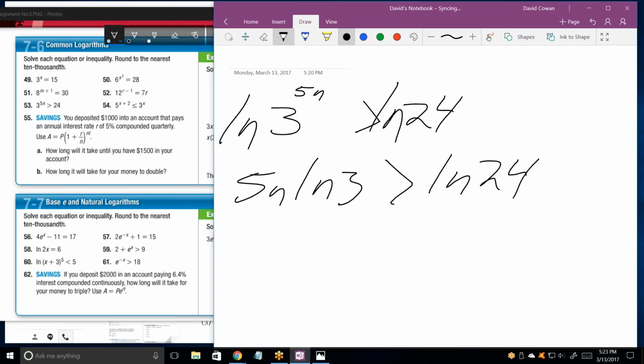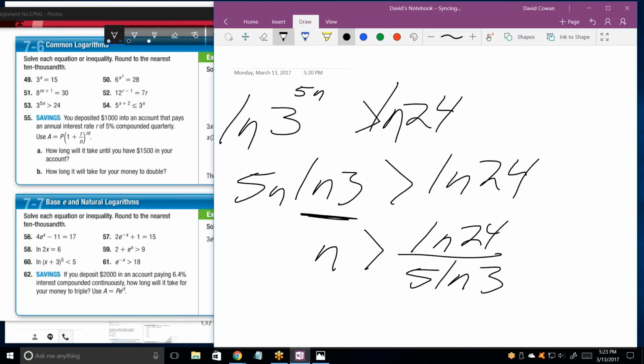Now I know that that is a positive number, so I'm able to divide both sides by 5 natural log of 3. So I end up getting n is greater than natural log of 24 divided by 5 natural log of 3.